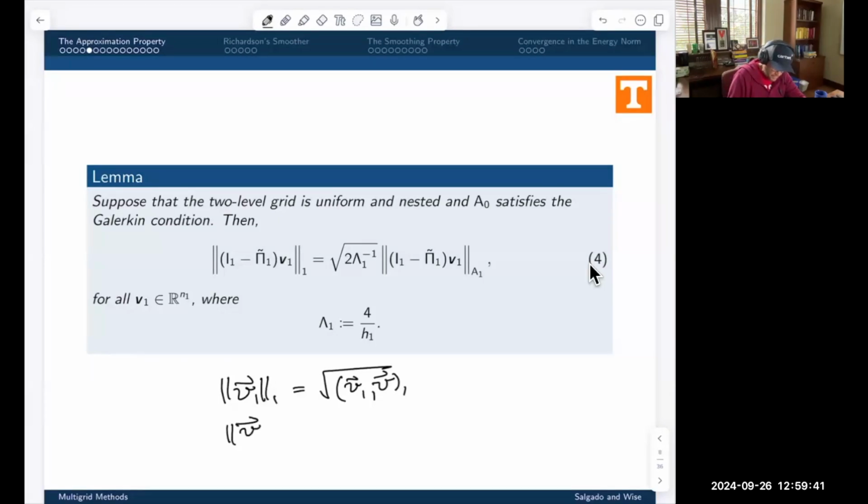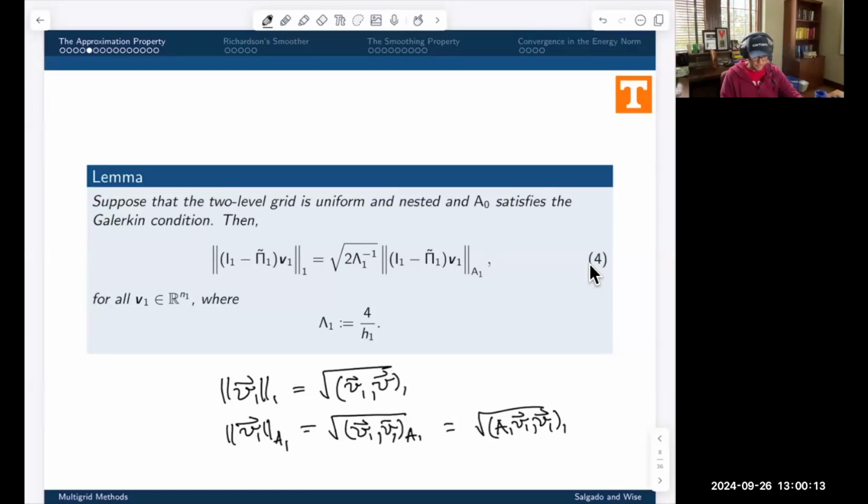And if we want the energy norm, the so-called A1 norm, then we need to take the square root of the A1 inner product of the vector with itself. And the A1 inner product is most commonly written in terms of the Euclidean inner product by its formula. So it's just going to be A1 v1, v1 in the one inner product. Okay, so those are the objects that are involved in this calculation.